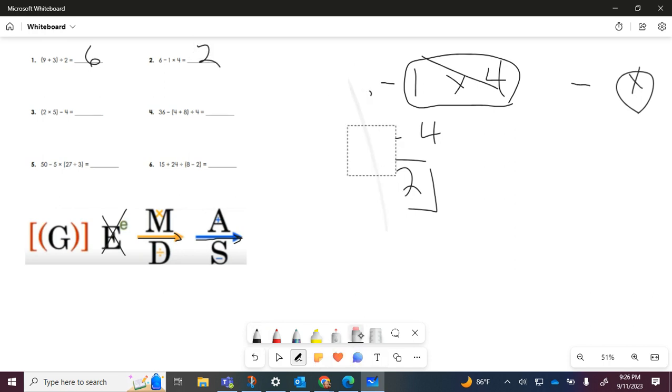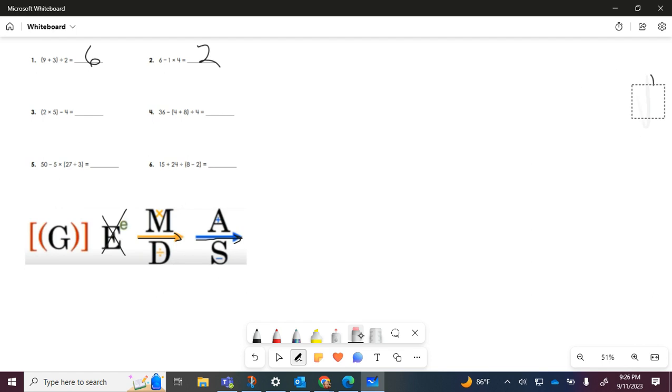All right, number 3. Let me get my pen back. Number 3, we've got our parentheses again: 2 times 5, and then minus 4. Because I've got the group, I have to do that before anything else.